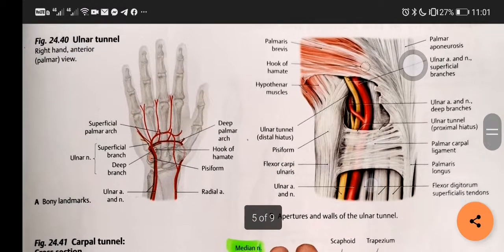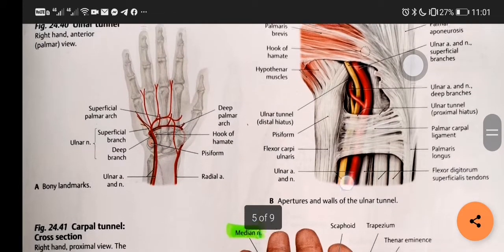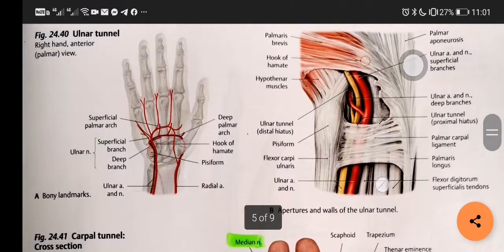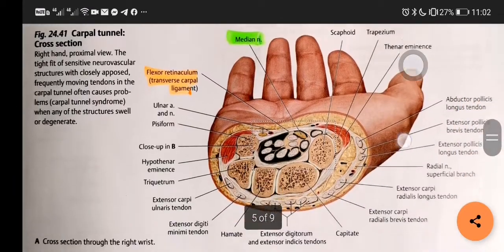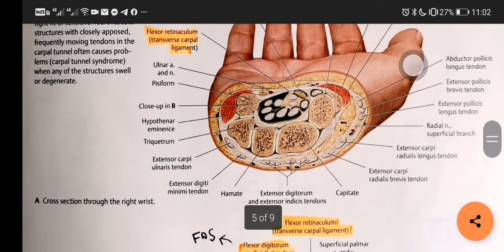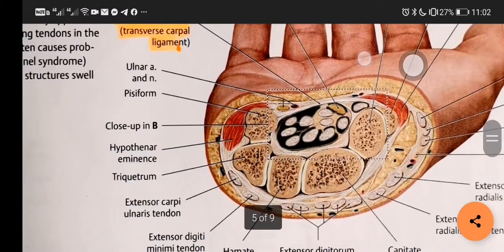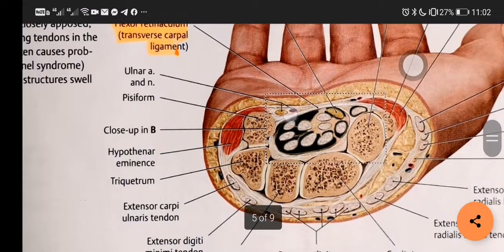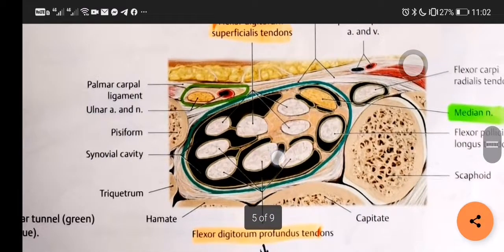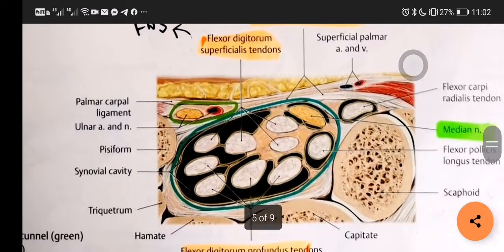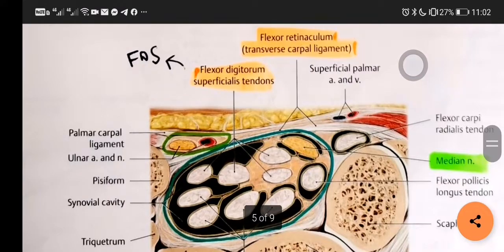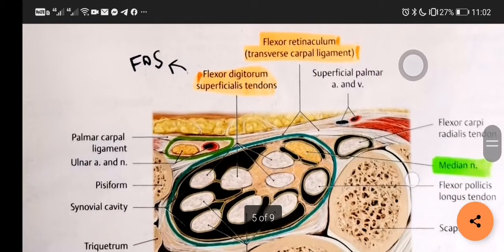What goes in the tunnel is your ulnar nerve and ulnar artery and your tendons. There you go, these are the tunnels, these are the bones. Can you see the ulnar artery and ulnar nerve? I think here's a better picture. There's your ulnar artery and nerve, and there's your tendons, and there's that median nerve.